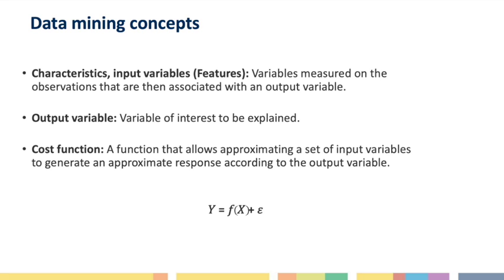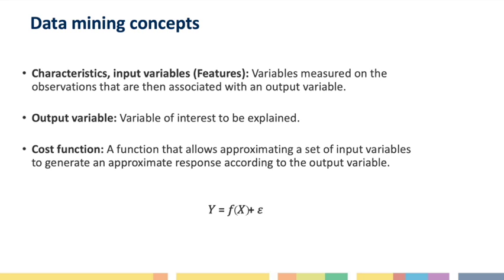And now, going into the topic, there are some concepts about data mining and machine learning. The first thing is what's the name of the variables? Generally speaking, we have a set of input variables, also called features.